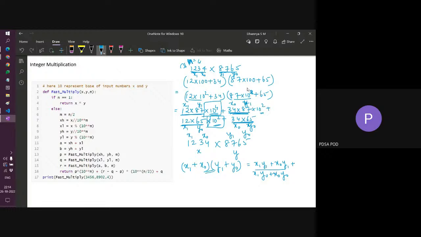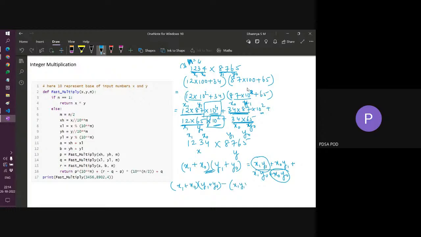This involves a single multiplication, right? You have x1 plus x0 into y1 plus y0, which is a single multiplication. Now, if I put it as x1 plus x0 into y1 plus y0 minus this part and this part, I'm going to bring it to the left side.